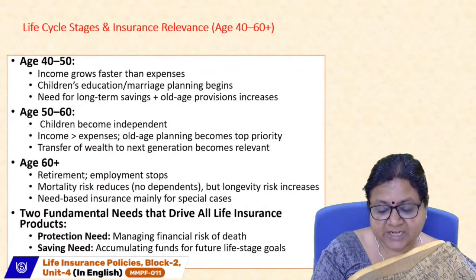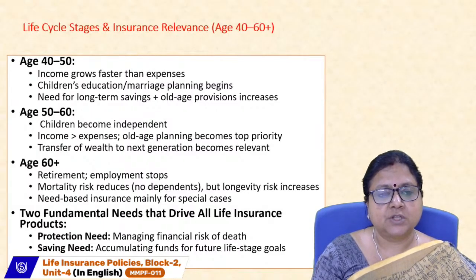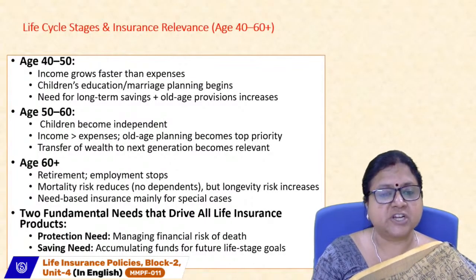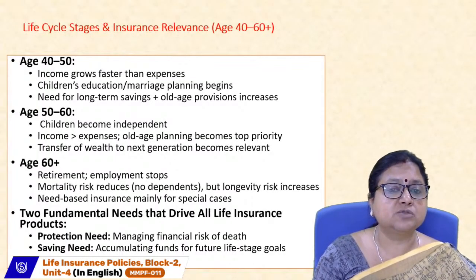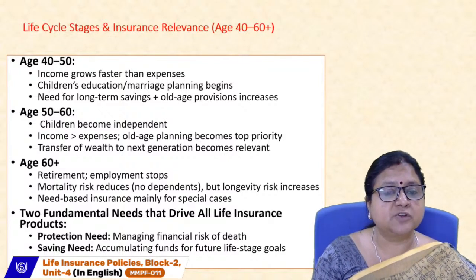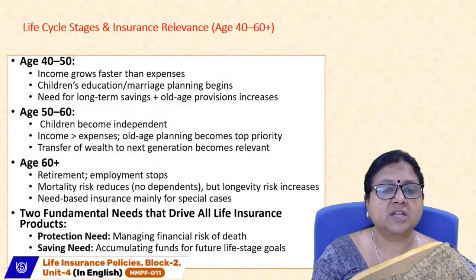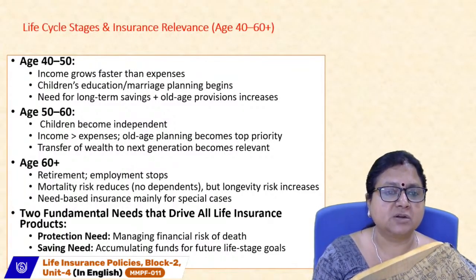Now, moving on to the next phase, the age between 40 to 50, the income grows faster than expenses. Then comes the main phase of your child's education, when he or she is in a technical or professional background, maybe, or you are planning the marriage of your children. Then it becomes more vital that you have better financial planning.